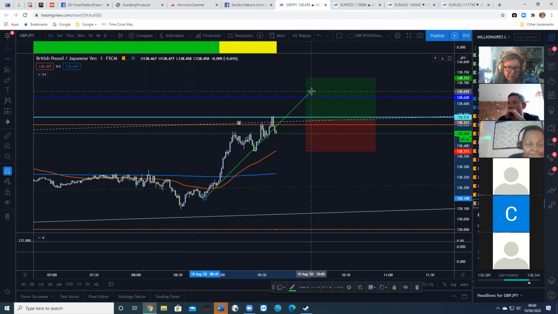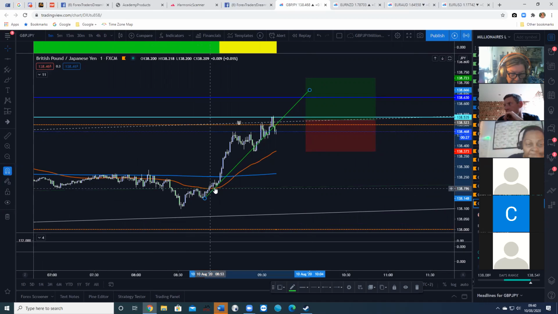So trend line's still okay. All these touches down here. 1, 2, 3, 4, 5, 6, 7, 8, 9 perfect touches. So just dipping below that at the moment.